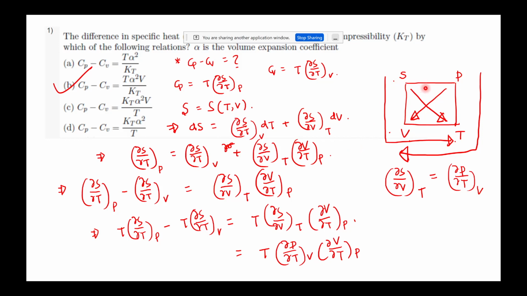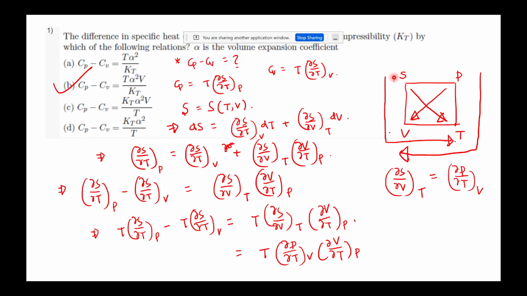For the Maxwell relation, there is a mnemonic diagram. We have to write S, P, T, V. To remember it easily, you can use the mnemonic "special program on TV", and you write it in the clockwise direction. Now, how to use the Maxwell relations?